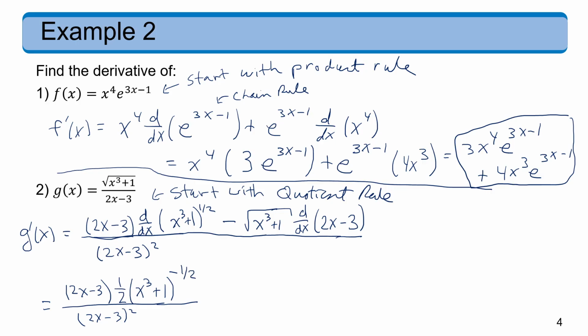But we're not done with the chain rule, right? That's the derivative of the outer function. Now we multiply by the derivative of the inside part. So the derivative of x cubed plus 1 would be 3x squared plus 0. So it's just 3x squared.